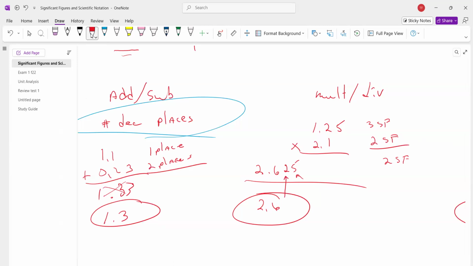My calculator is rounding for me. Why is it rounding?